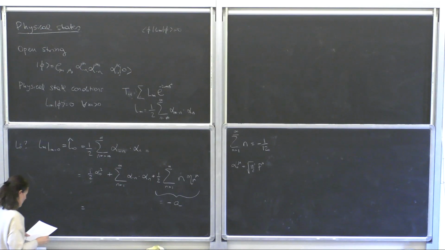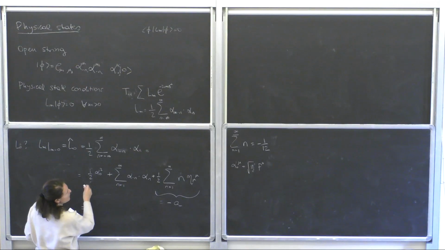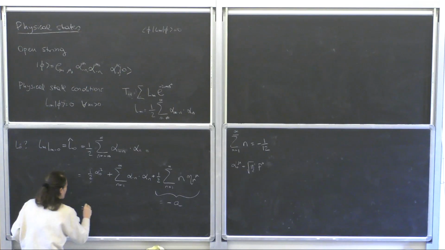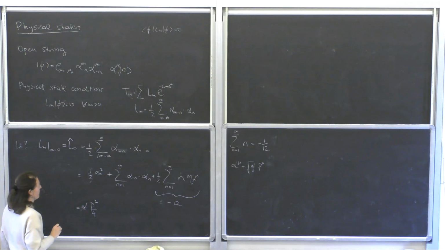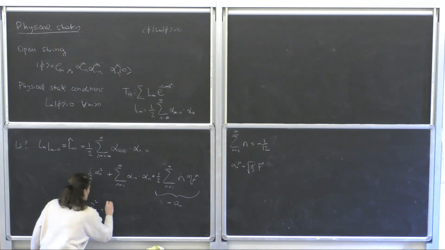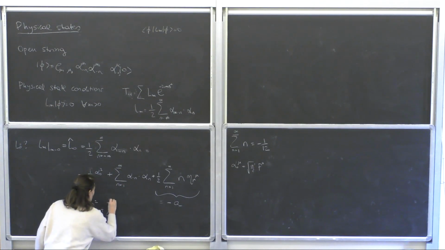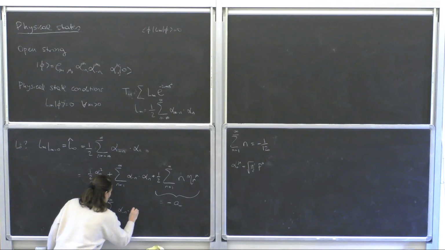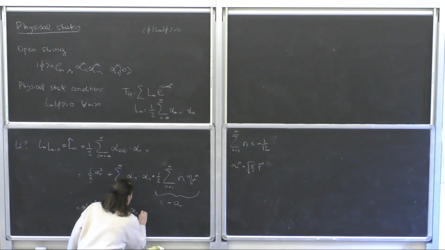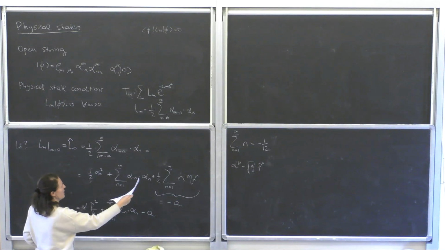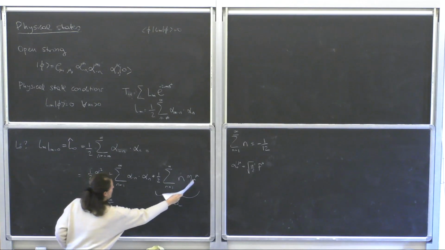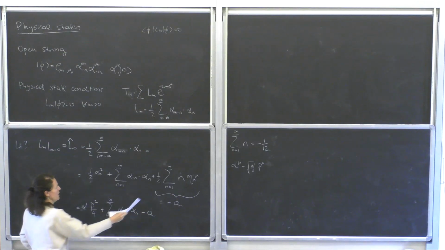So alpha 0 squared is alpha prime over 2 p squared, so this is alpha prime p squared over 4, plus the sum n equals 1 to infinity of alpha minus n alpha n, minus this constant a, that is this 1/2 of -1/12, but yeah, I still have to explain something about this.